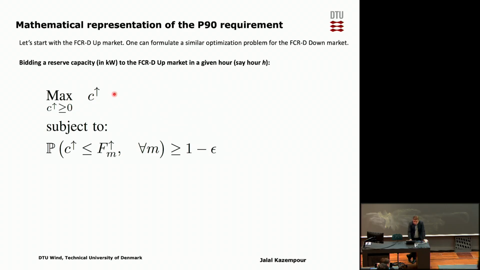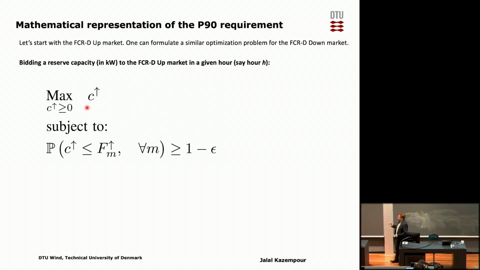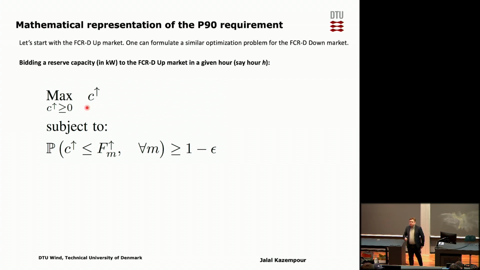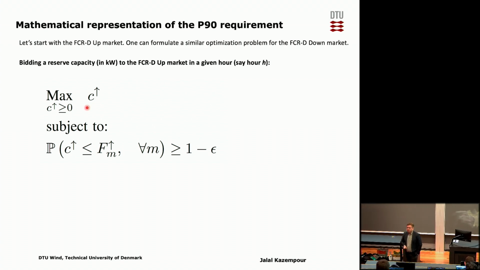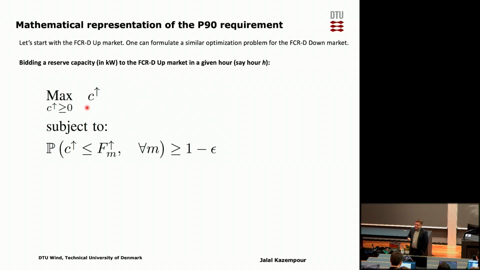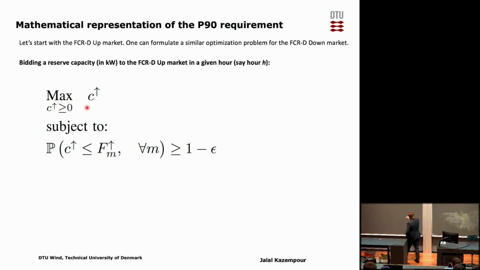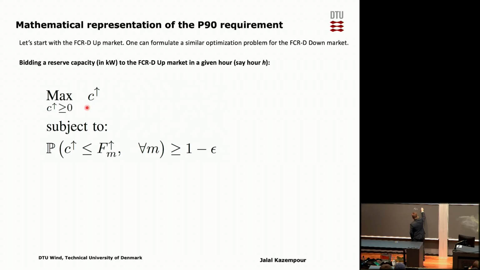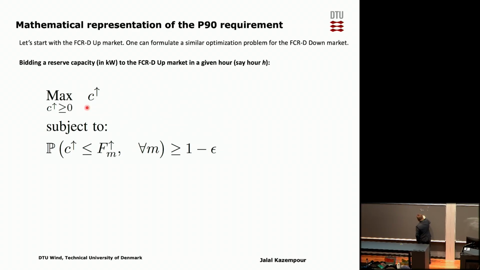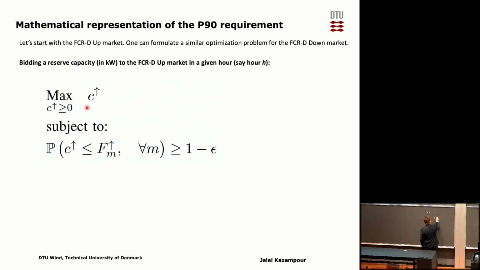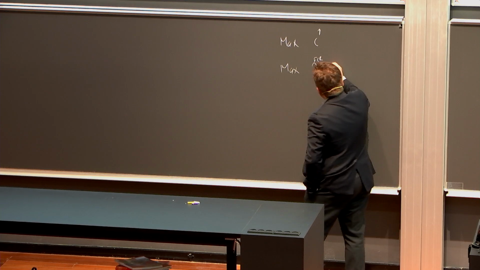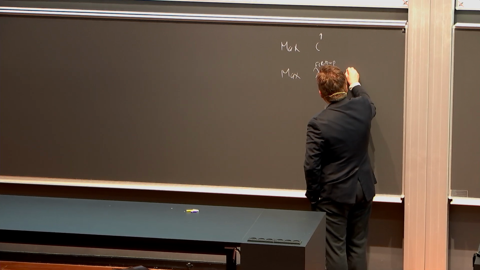Good. So you can say that I'm trying to maximize my profit or maximize my capacity. Here, the optimization will be the same. Either you maximize in kilowatt, but in this case there is no time linking constraint, so maximizing capacity is identical to maximizing the price of FCRD up times C up.